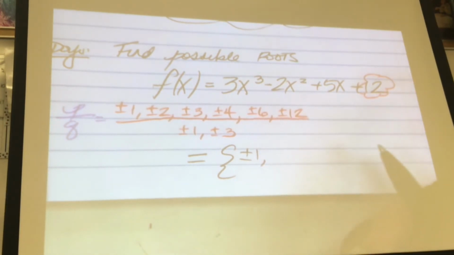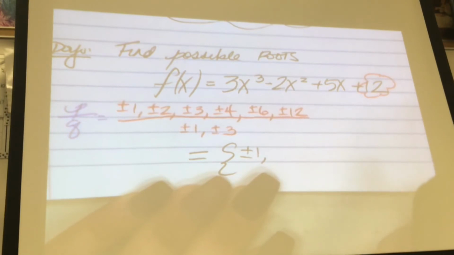You missed 1. Which one did you miss? 12 over 3, which is 4. He said that. 1 over 3.